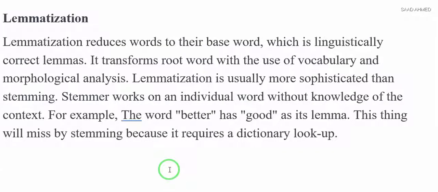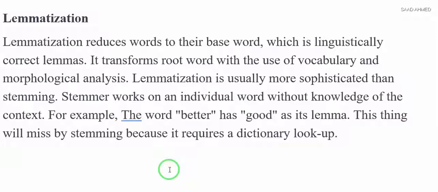The other process is called the lemmatization process, and in this process it reduces the words to their base words, which are linguistically correct lemmas. So the technique is a little different. It transforms words to root words with the use of a vocabulary and morphological analysis. So it's a detailed process.